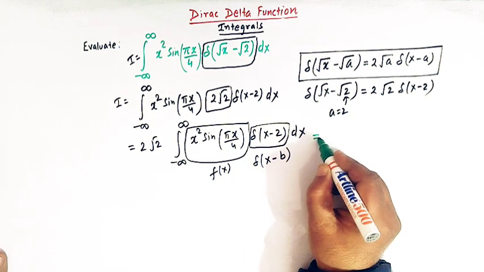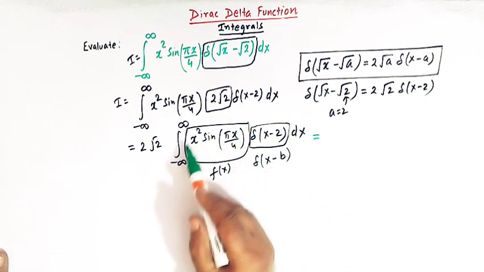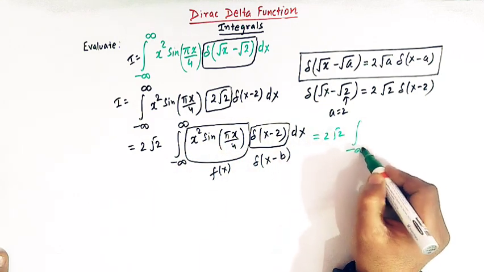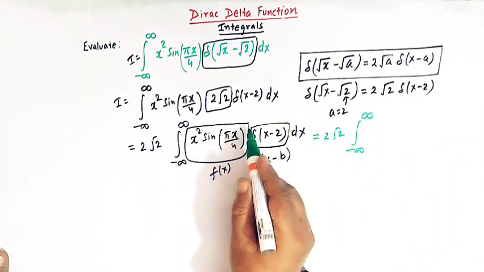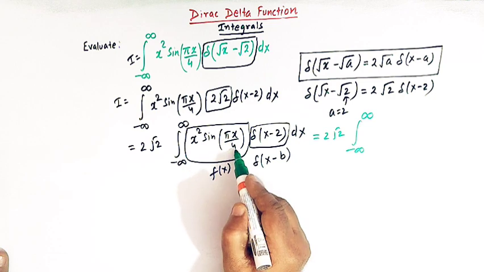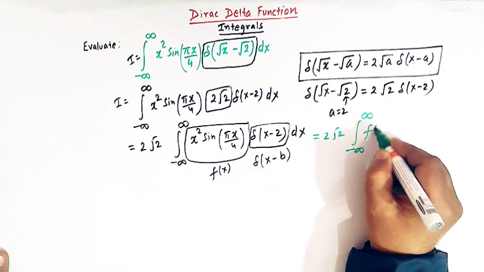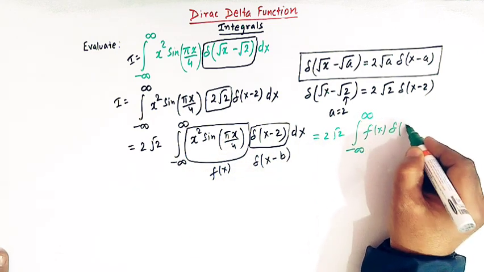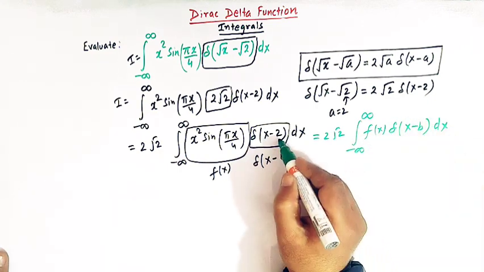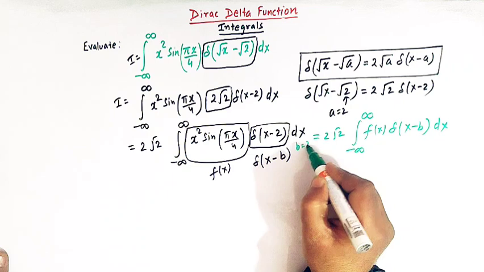So now we can write this integral as 2 root 2 times the integral from minus infinity to infinity, where we replace x square sine pi x over 4 by f of x, and here we have delta of x minus b dx, where b is our 2.